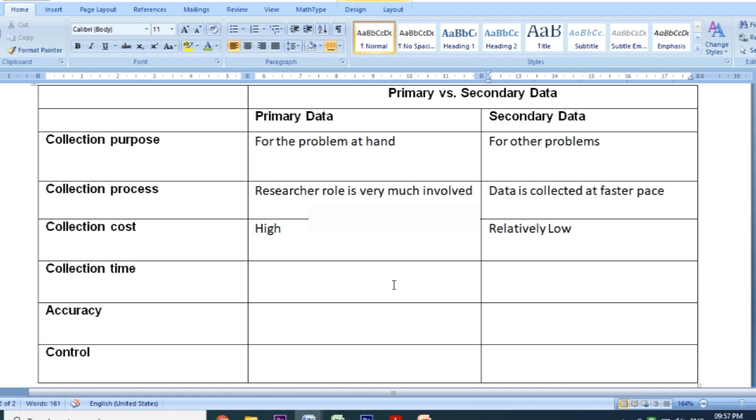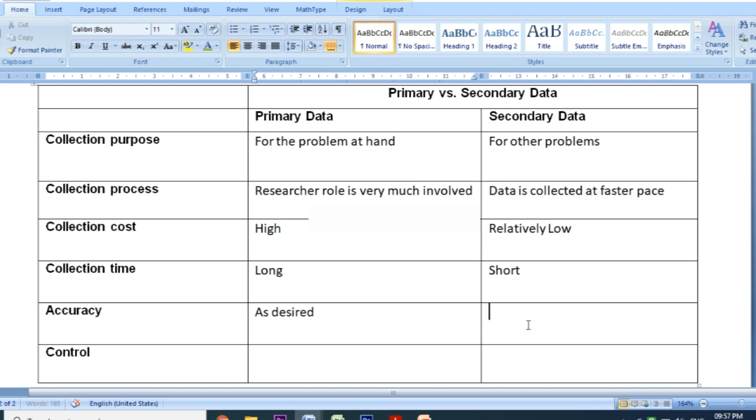The collection time too is long for primary data, and it is comparatively short for secondary data.